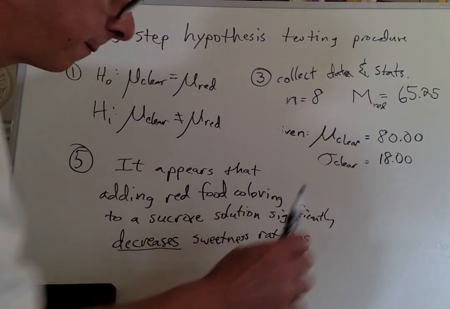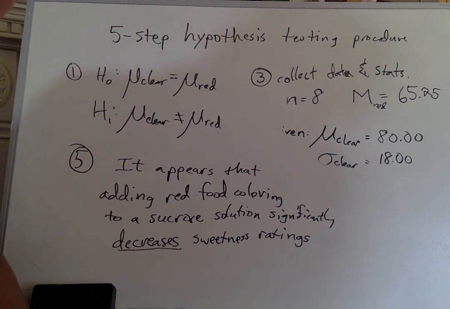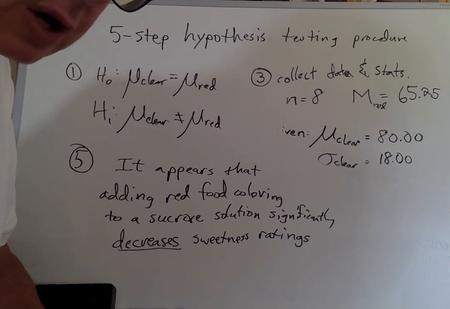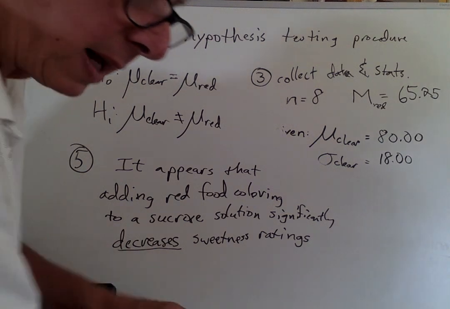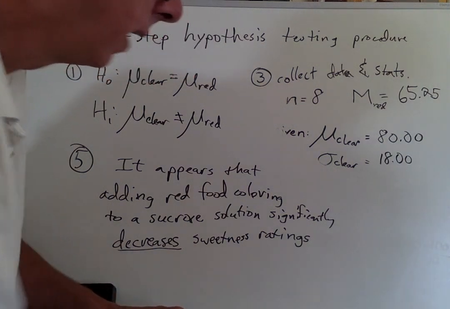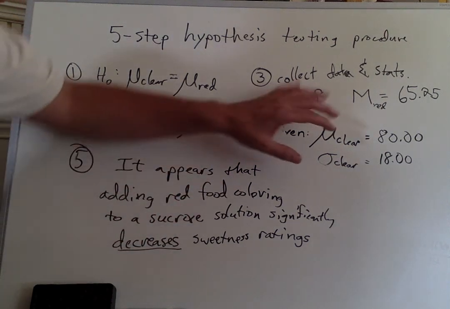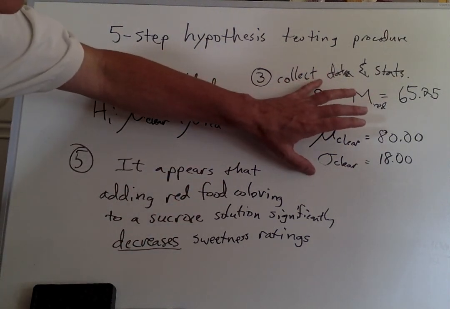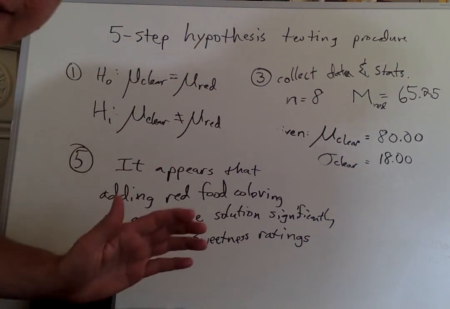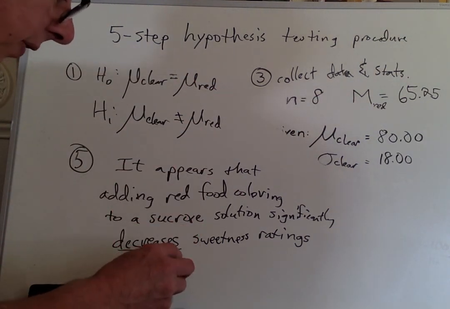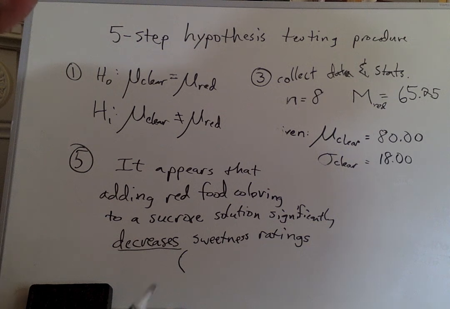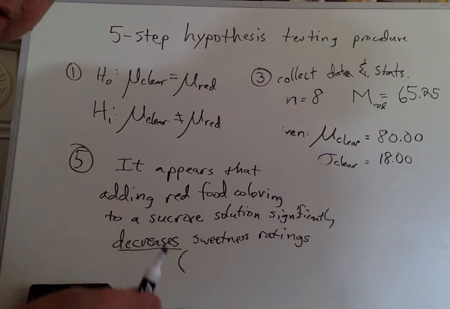Now, this is not based on opinion, and this is the important part of science. It's not based on my opinion. It is my conclusion, but it's not an opinion. It's based on these data, okay? And so I'm going to put that in as parenthetical information to show the reader.